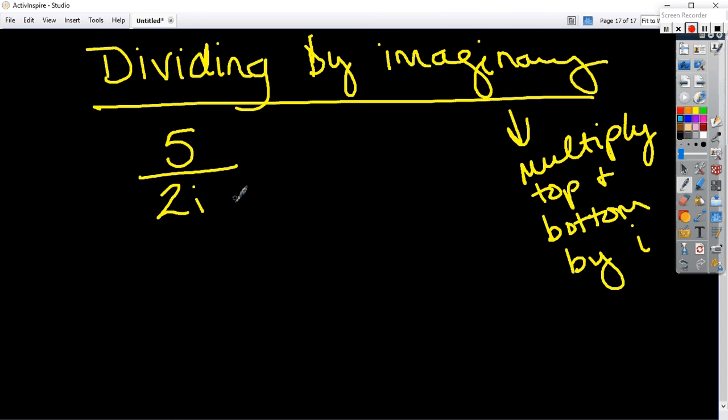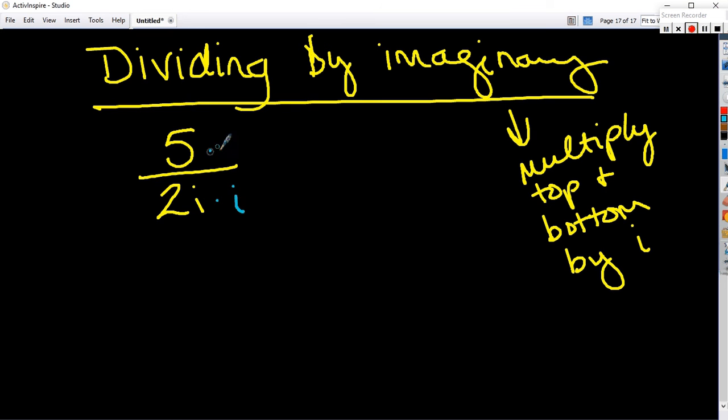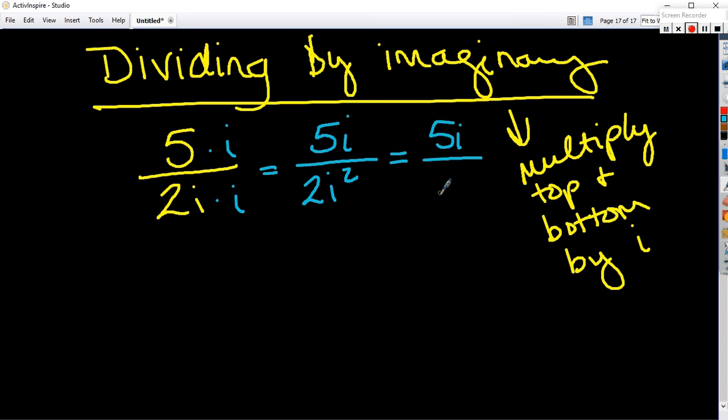I put an i here and an i here. Up top, I get 5i. On the bottom, I get 2i squared, which is really negative 2. Do I still have a radical on the bottom? Nope. Now you have one on top, but that's okay. I can have it on top, just not on the bottom.